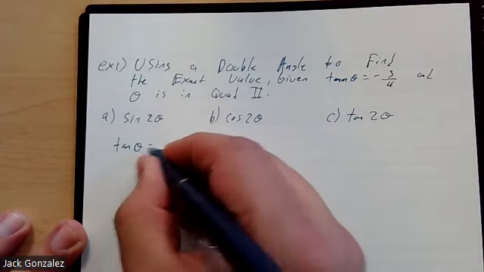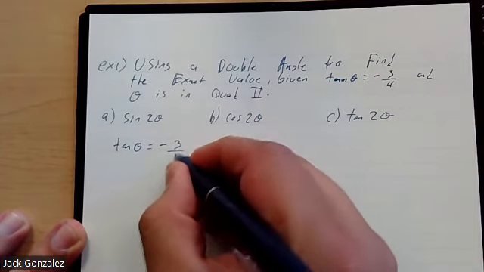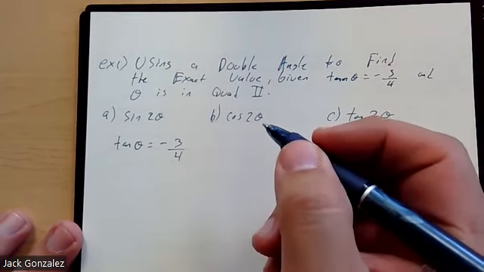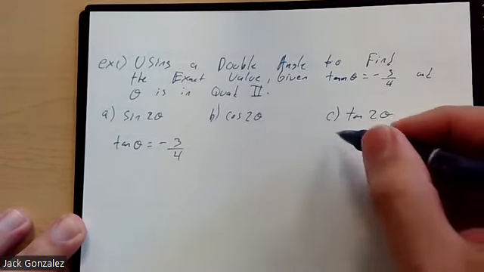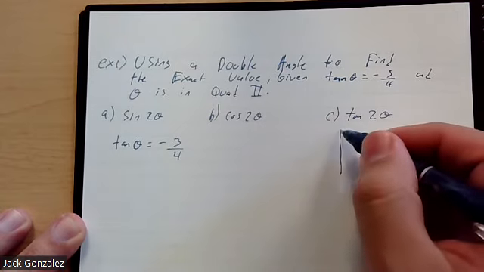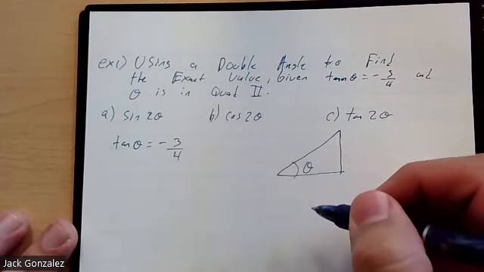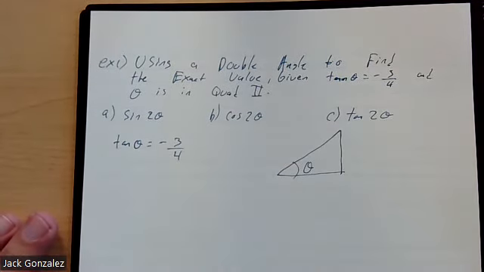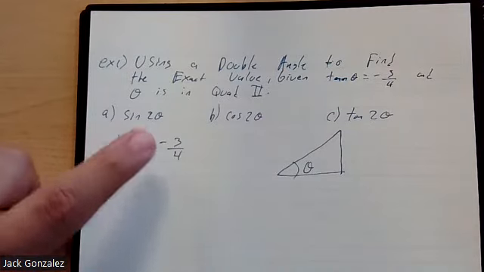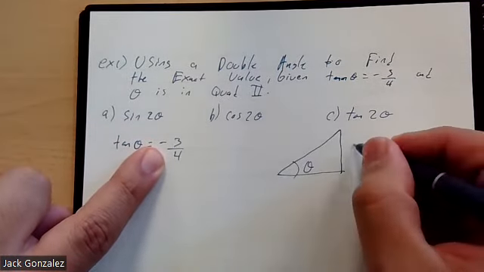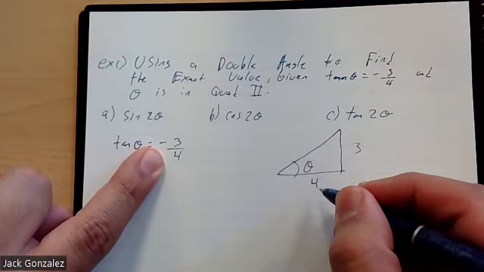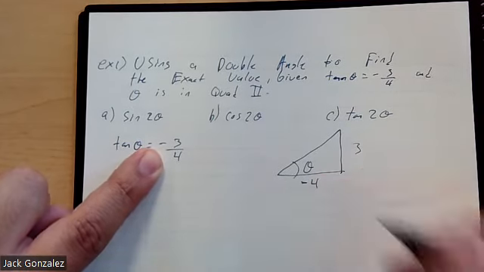So tangent is negative. Although they told us quadrant 2 is x negative and y positive. Which one is negative? Yeah, x is negative in quadrant 2. And we're given tangent, so that's going to be 3, 4. So x will be here.